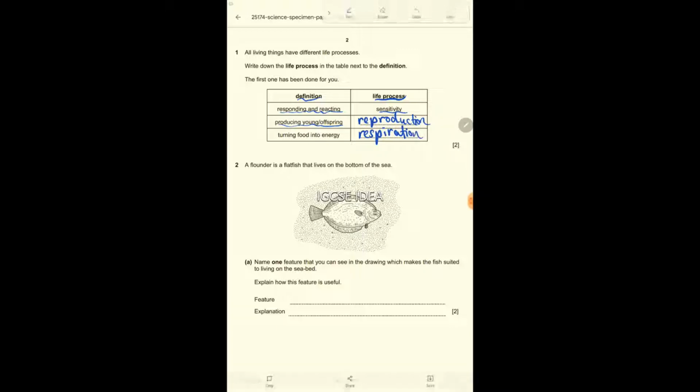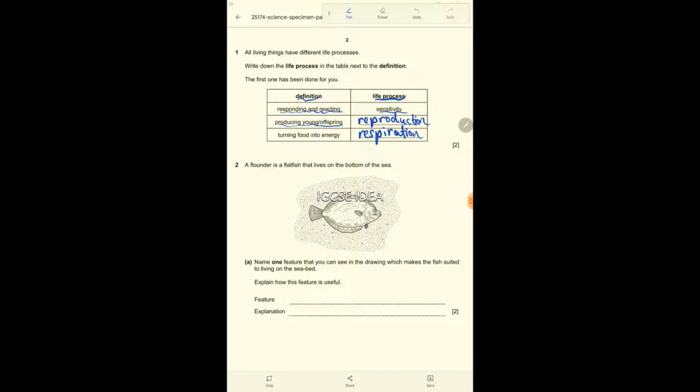A flounder is a flat fish that lives in the bottom of the sea. Name one feature that you can see in the drawing which makes this fish suited to living on the seabed. Okay, the drawing has got many features.